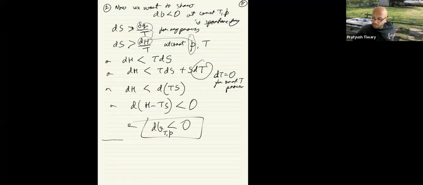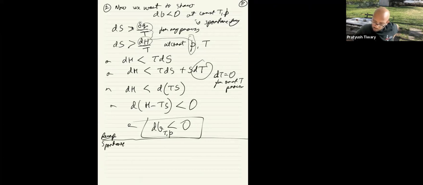So let me summarize, and this is possibly the most important few equations in this semester. The first law and the integrated first law and second law are also very important. This is in the same category. So let me recap once again what we saw today.